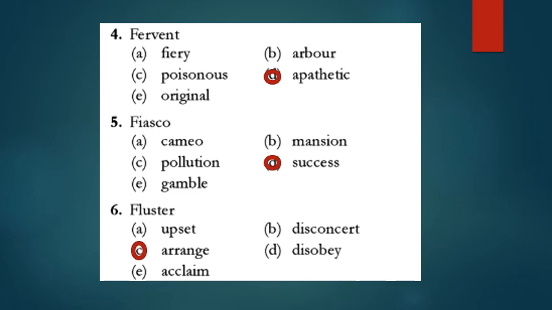Apathetic means unconcerned, not showing any feeling, no concern. Now fiasco, failure. The opposite naturally will be success. And what does cameo mean? Cameo refers to art or jewelry. Now fluster. Fluster makes something very confusing. So disarrange. So arrange will be the opposite of fluster.